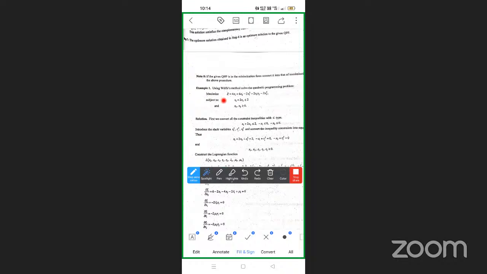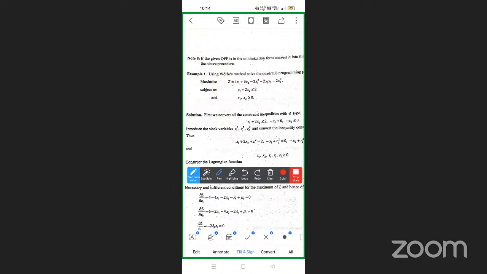Maximize z is equal to 4x1 plus 6x2 minus 2x1 square minus 2x1 x2 minus 2x2 square, subject to constraints x1 plus 2x2 less than or equal to 2, and the non-negative constraints x1, x2 greater than or equal to 0. So this is the question: using the Wolfe method to solve the quadratic programming problem.